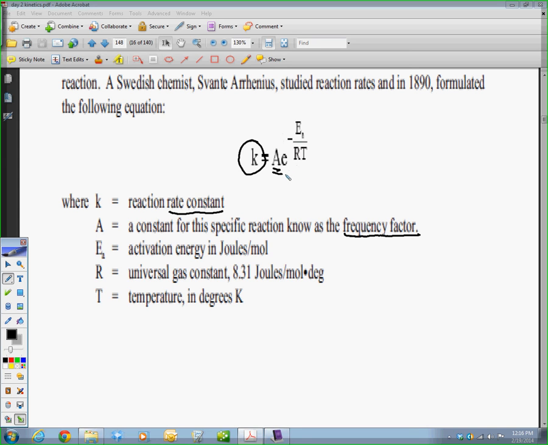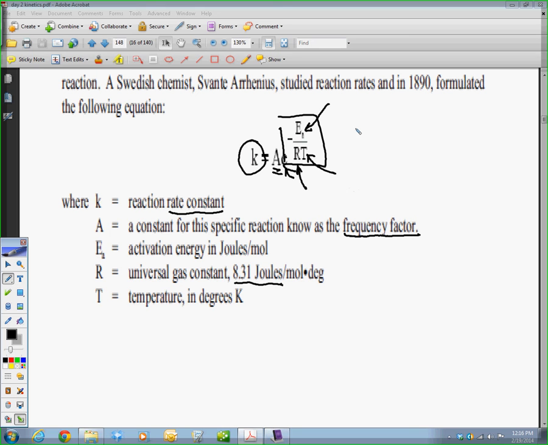And it's related to this mathematical function called Euler's number to the power of this relationship. And what do these things represent? Well, this E_a represents your activation energy. R represents the universal gas constant in joules, because we're working with energy. And T represents the temperature in Kelvin of your reaction.